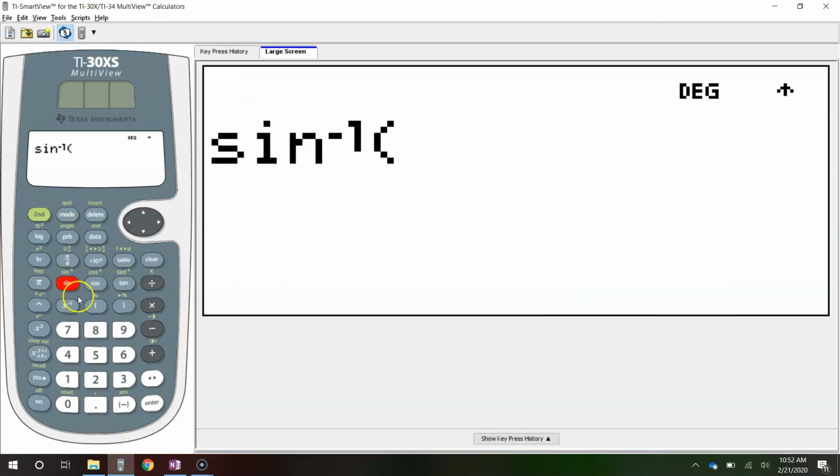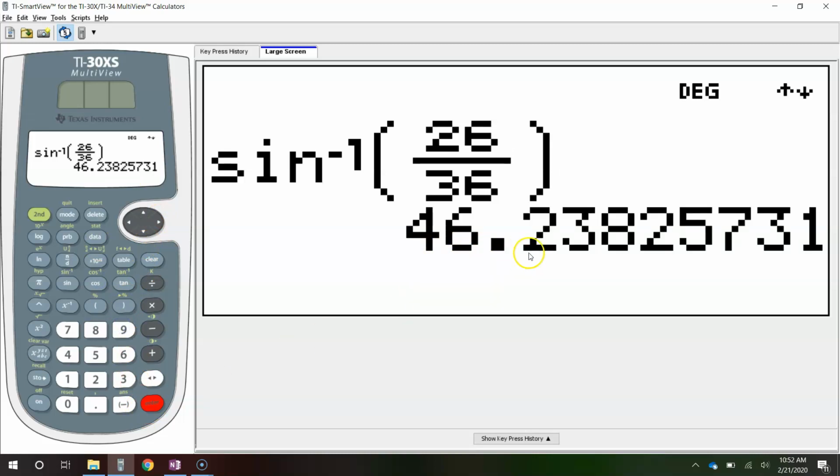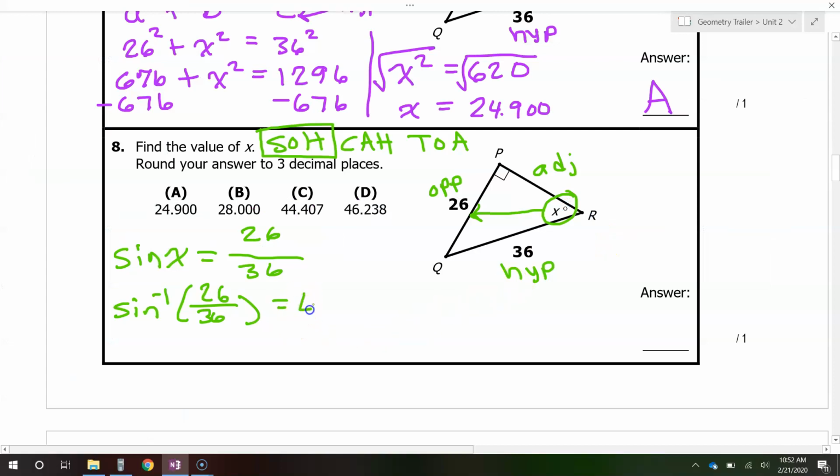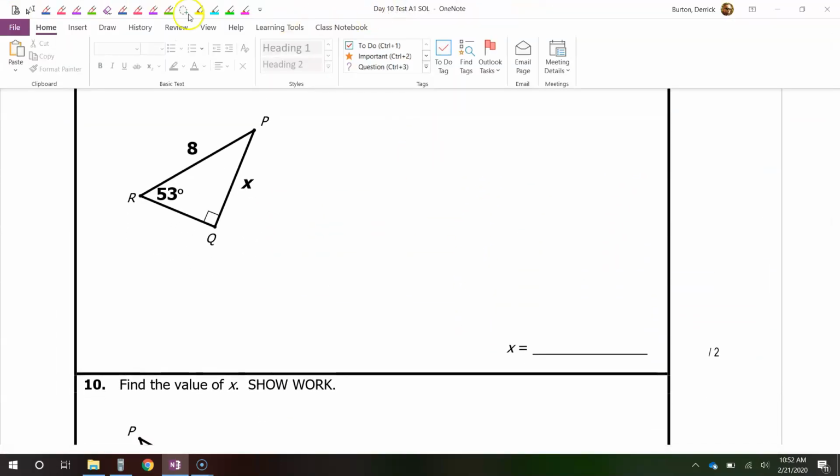Okay, so inverse sine of 26 over 36. 46.238. Okay, well, there it is right there, D. All right, what is next? Problem number 9.